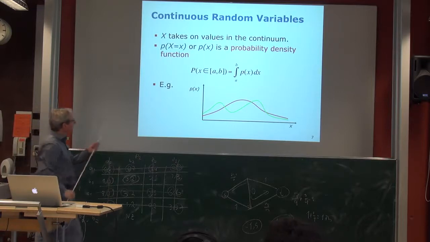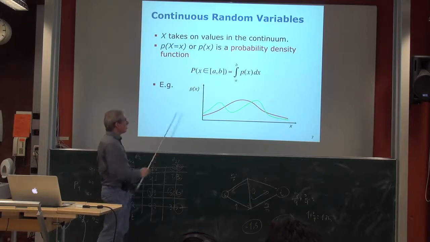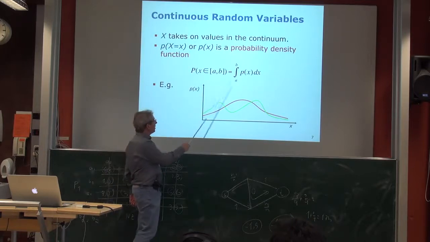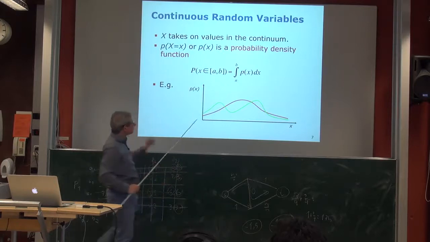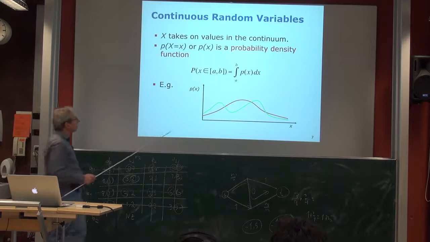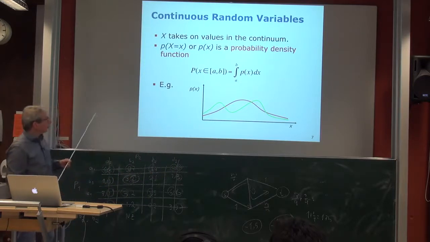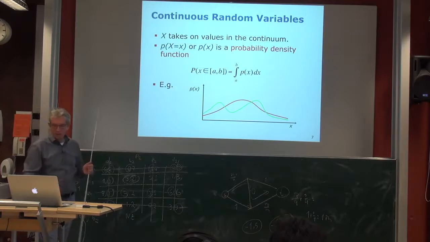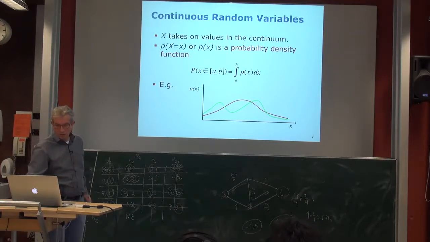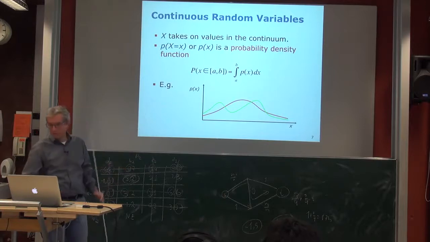This is why you can only reason about the robot being in a certain interval, which is then calculated as the area under that probability mass function that you obtain by integrating p of x from a to b. So this is basically integrating over one of those functions, for example.